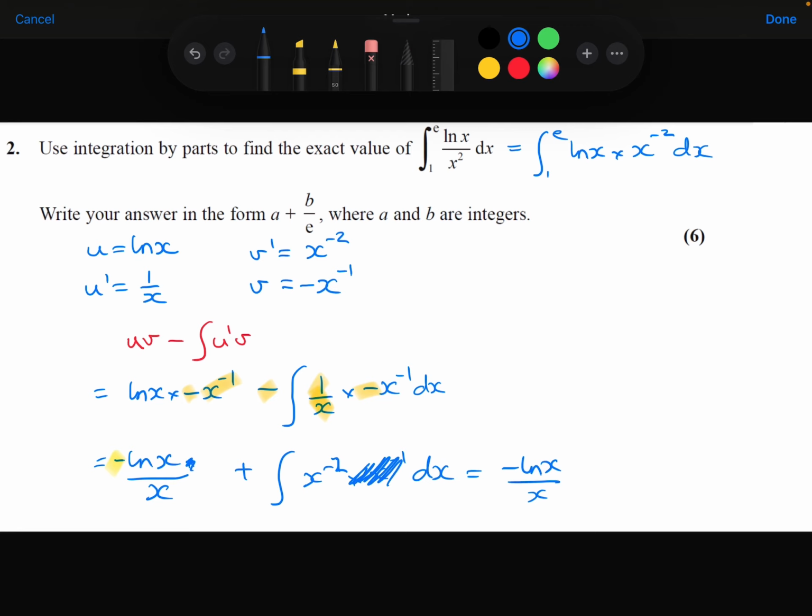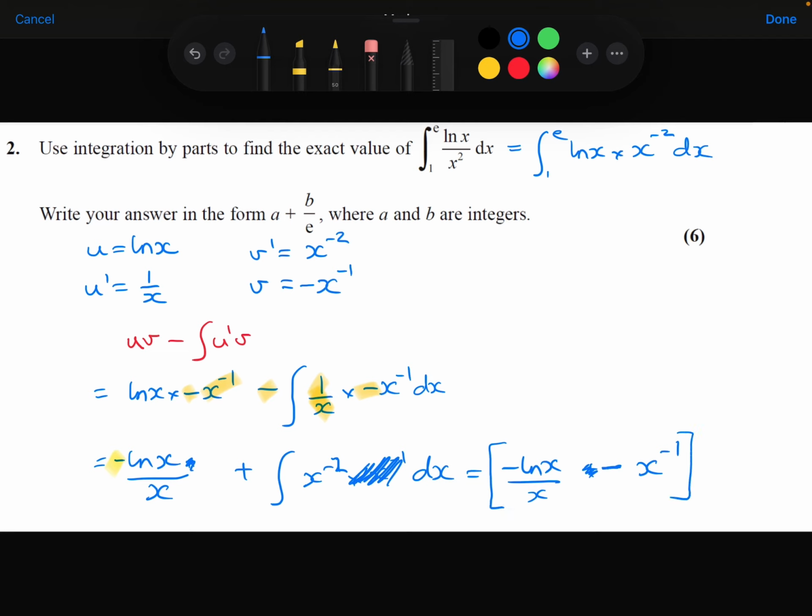So we will add 1 to the power, so the minus 2 becomes minus 1, and we'll divide by the new power, so this term will become a negative now rather than a positive. And that's my integration done.